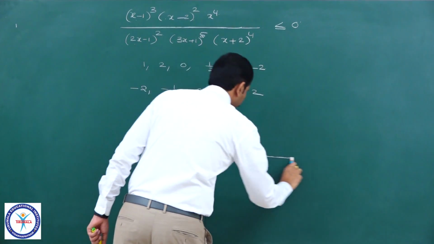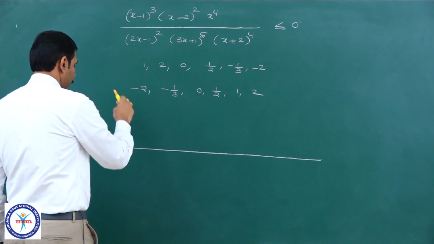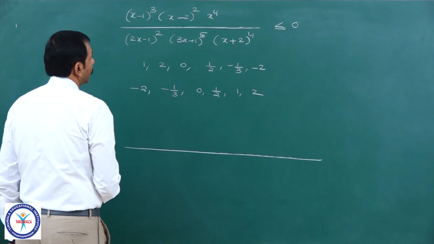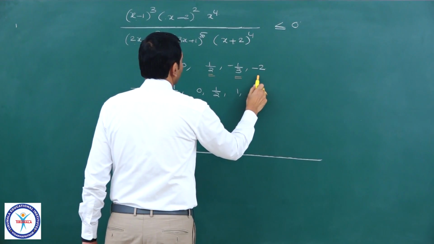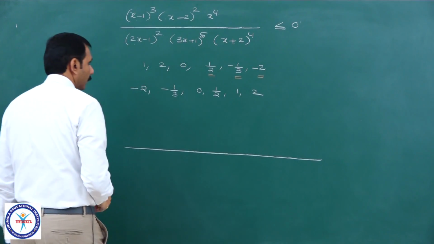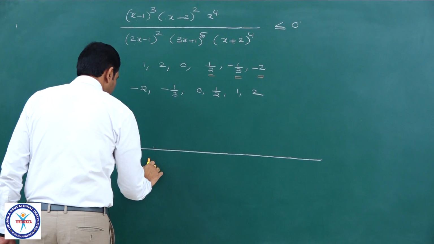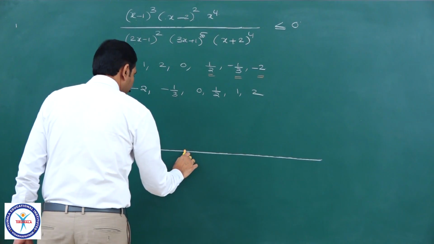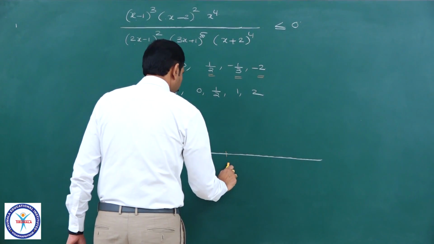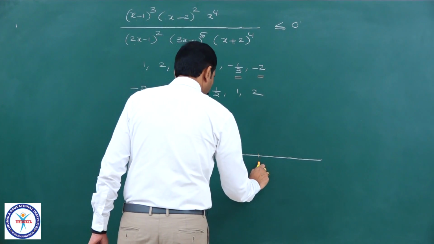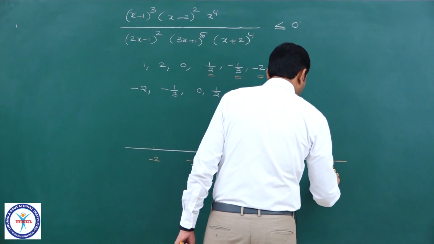Take a real line. First mark all these. What are the denominator zeros? 1 by 2, minus 1 by 3 and minus 2. First let me mark all these: minus 2, minus 1 by 3, 0, 1 by 2, 1 and 2.